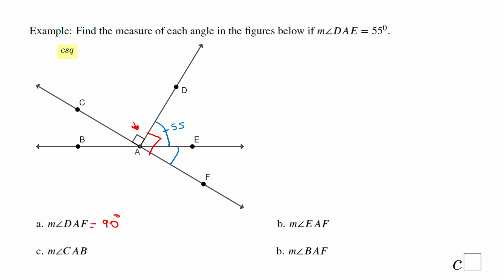So the measure of angle EAF will be 90 degrees minus the measure of angle DAE, which is 55. So that will be 90 minus 55. That will be 35 degrees.